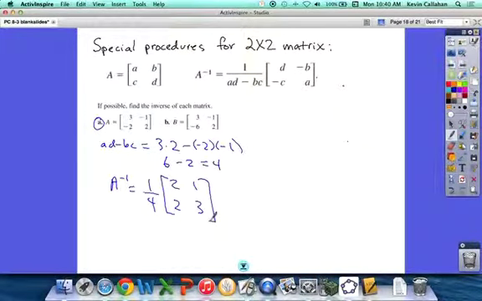And again, what kind of operation is it when you multiply a matrix by a constant? What did we call it? Scalar multiplication, right? So then you do the scalar multiplication, which is 2 over 4 is 1/2, 1 over 4, 2 over 4, 1/2, and 3 over 4, 3/4.